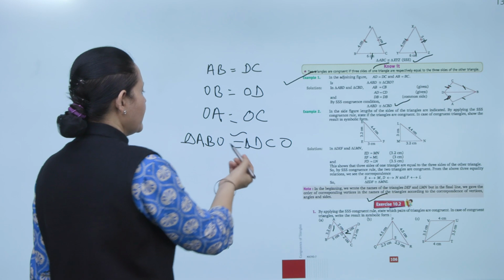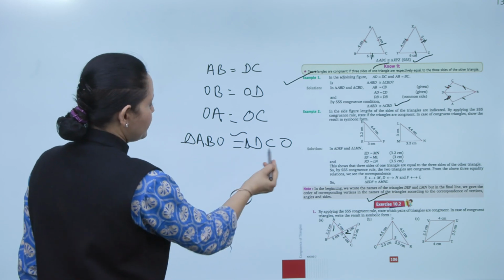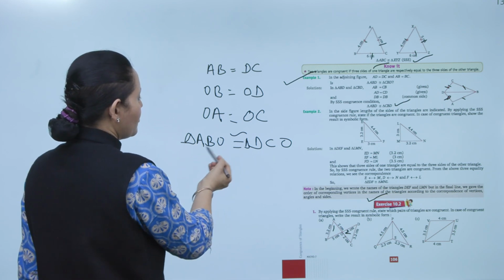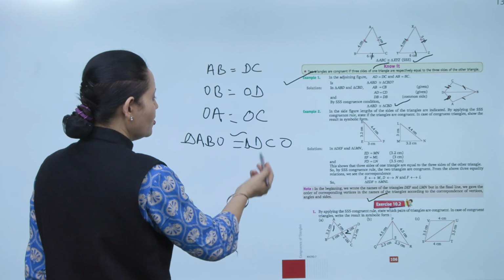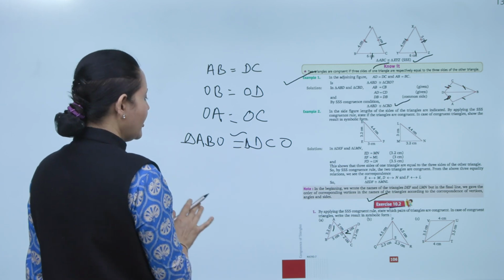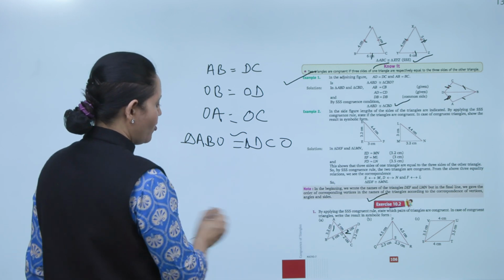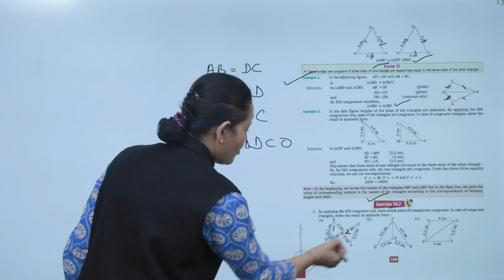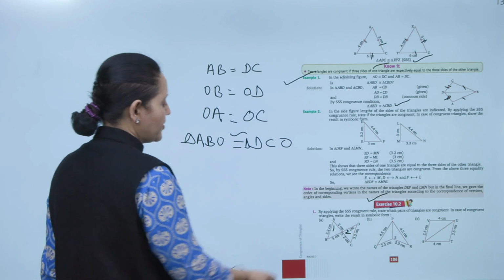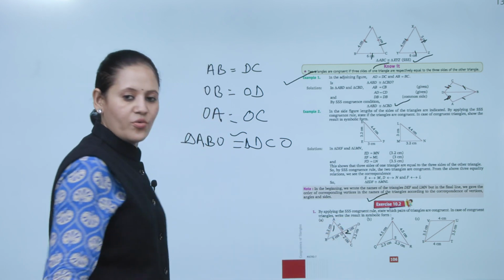Clear? Because AB equals DC, OB or BO equals OD. Clear? So, we'll write in the same order, triangle ABO equals triangle DCO. Clear?